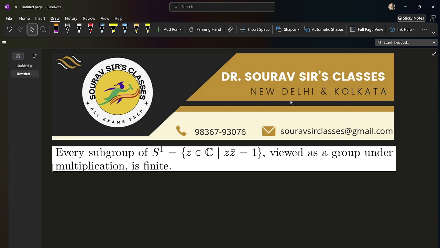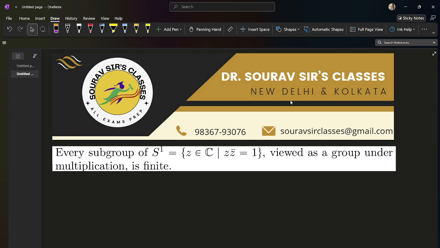The statement says that every subgroup of S1, where S1 equals {z belongs to C : |z| = 1}, viewed as a group under multiplication, is finite. S1 is the circle.